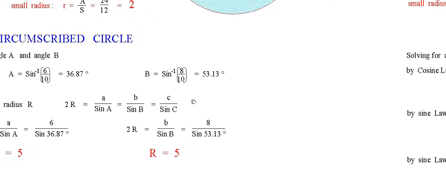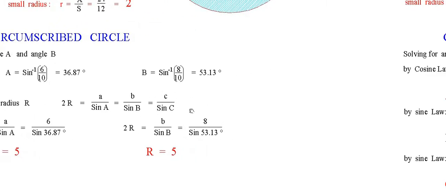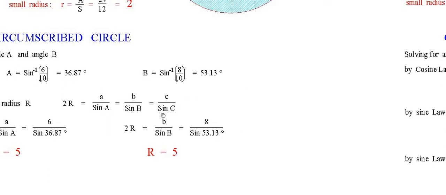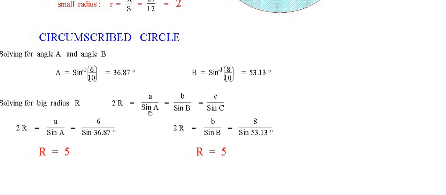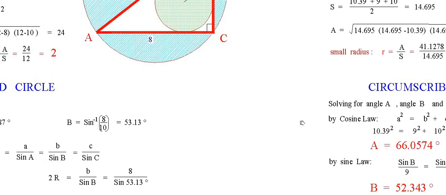If we use C over sin C, C is 10 divided by sin 90. Sin 90 is 1. So 10 divided by 2 is still 5. Okay, that justifies the solution. Three solutions that big R is 5.